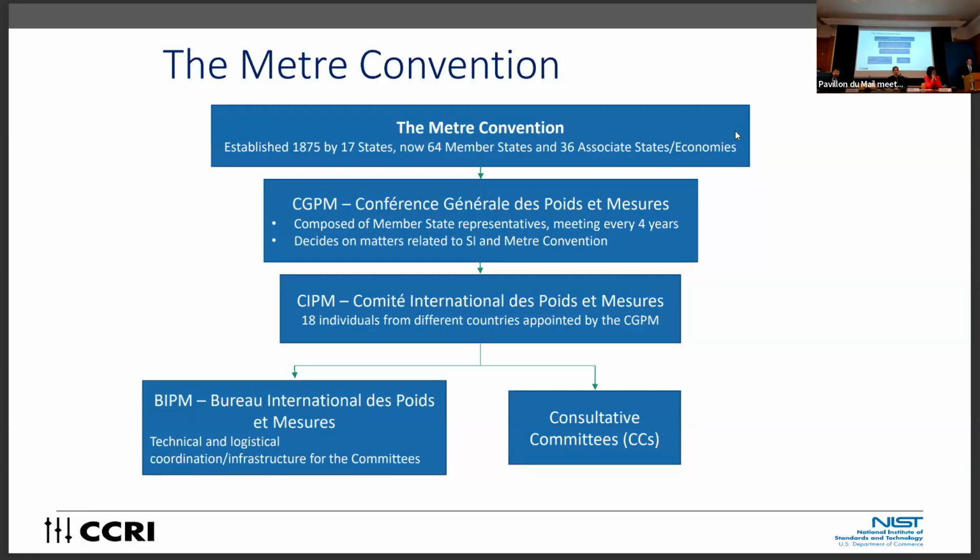The actual workings of how this gets administered are done through the International Committee on Weights and Measures, a set of individuals from different countries appointed by the CGPM. And the real work gets done here at the BIPM, both in providing the technical and logistical support for the consultative committees, as well as the consultative committees themselves.